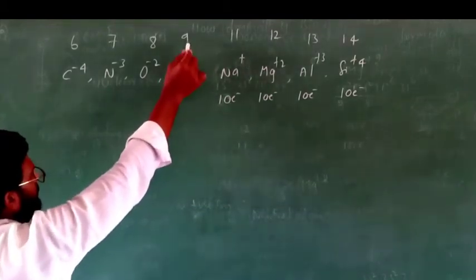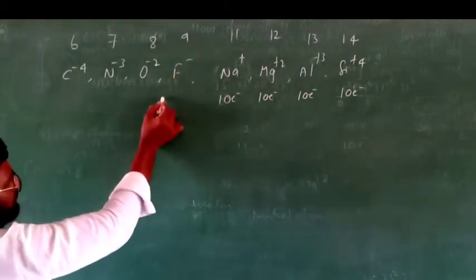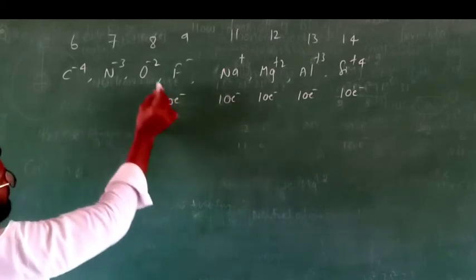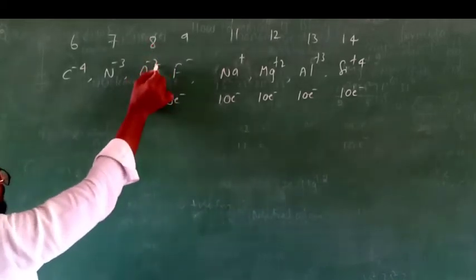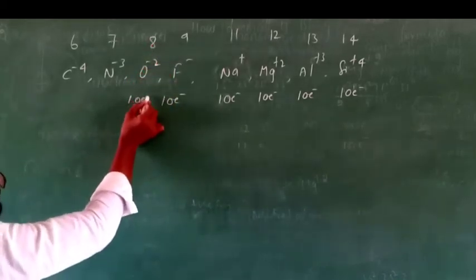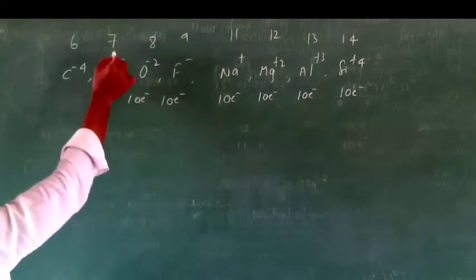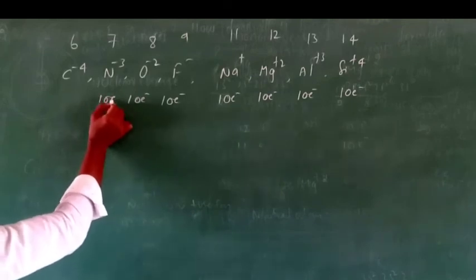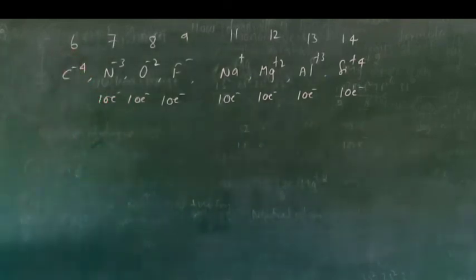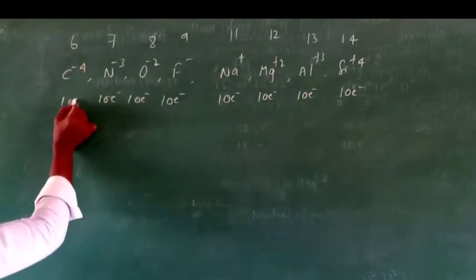Now come to fluorine, atomic number 9, after gaining 1 electron, its total number of electrons becomes 10. Oxygen 8, after gaining 2 electrons, the number of electrons becomes 10. Similarly, nitrogen 7 + 3 is 10. Carbon 6 + 4 is 10.